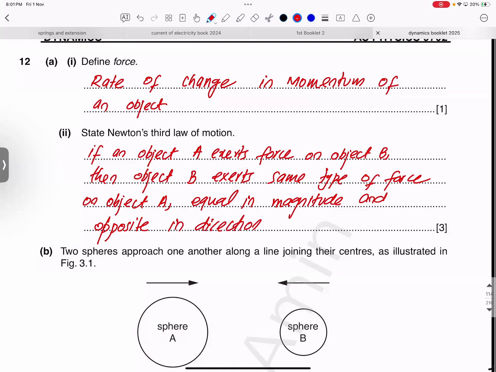Dear students, please pay attention. 3 marks and 4 informations. 2 objects interacting. Same kind of force, equal magnitudes, opposite direction. I want you to not miss anything from these keywords.